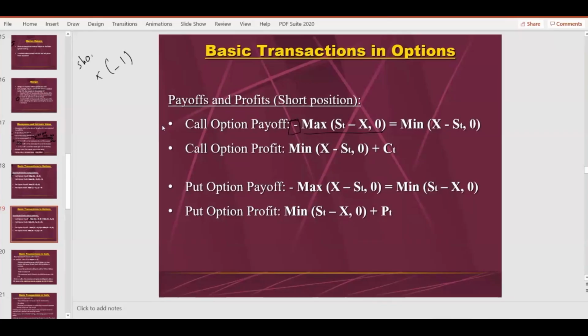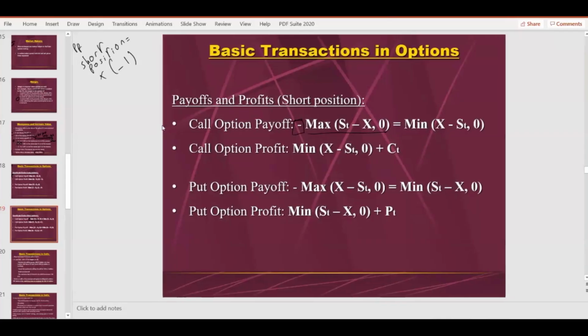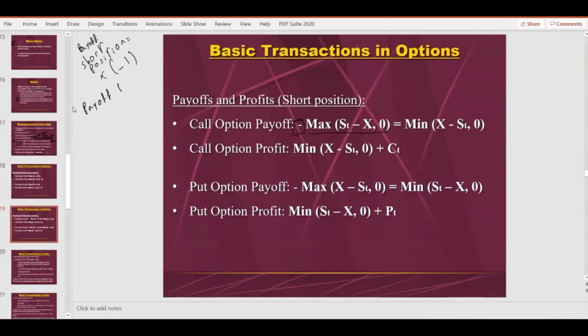So I can say that the payoff of the party with the short position equals the payoff of the long position times minus 1. And the same will apply to the profit. I will also multiply by minus 1.